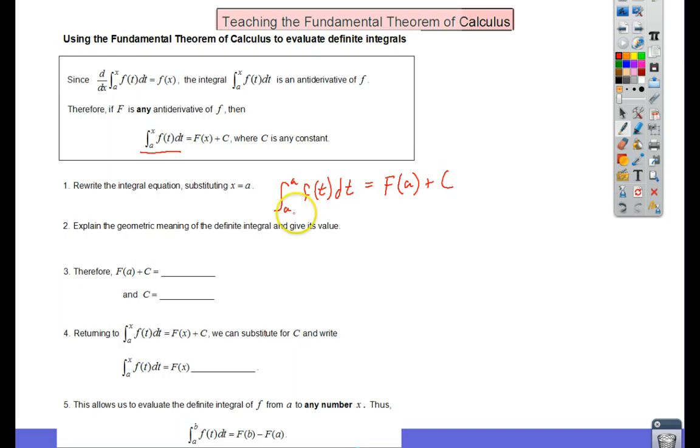Explain the geometric meaning of the definite integral and its value. Well, number 2 says, okay, definite integral. So it's my area from a to a. So there's 0 area. So the answer of my integral from a to a of f of t dt is equal to 0.